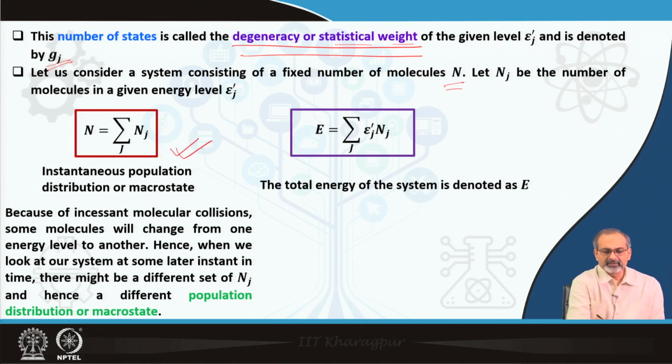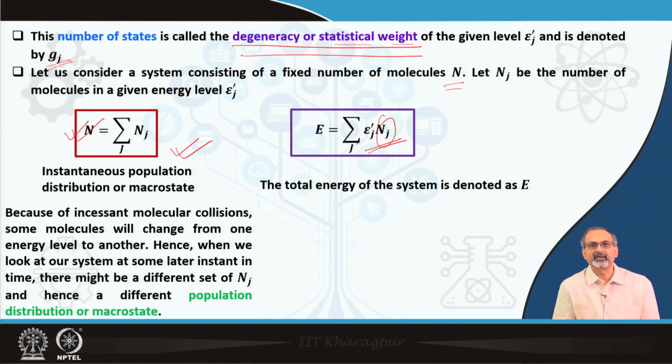So, on one hand, the instantaneous population distribution that you have spread over the different quantized energy levels will give rise to the total number, the total population that you have. On the other hand, the total energy of the system, denoted by capital E, will come from the individual contributions of each of those quantized energy levels, weighted by the number of molecules that lie in that energy level.